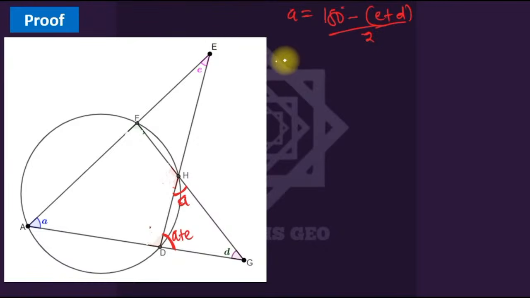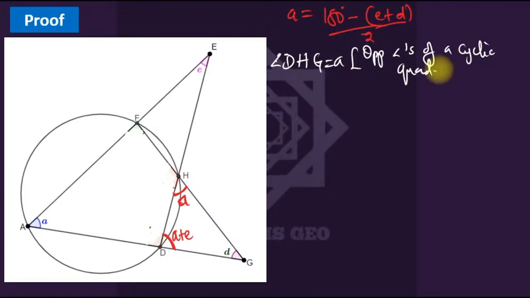I'm saying that angle DHG is A, based on opposite angles of a cyclic quad, and angle EDG is A plus E, based on the exterior angle theorem.